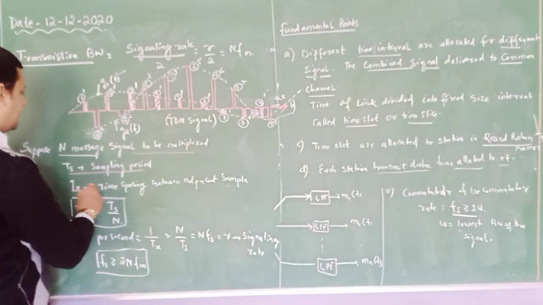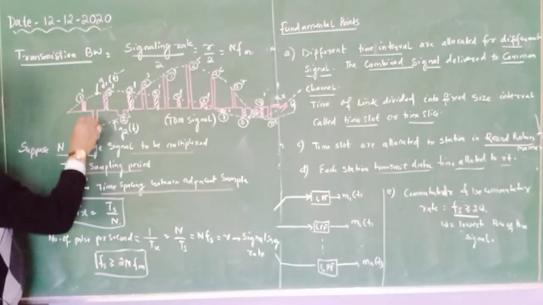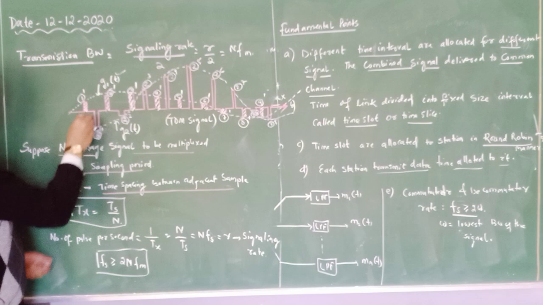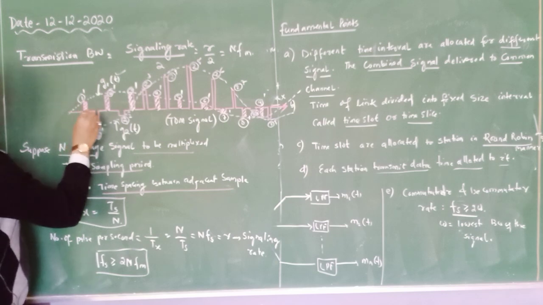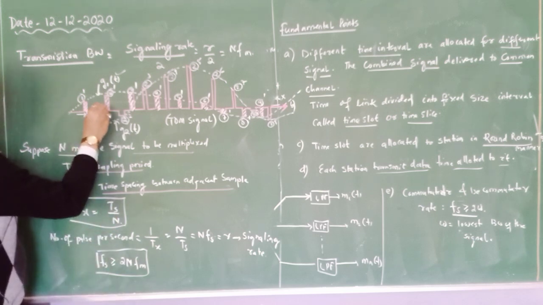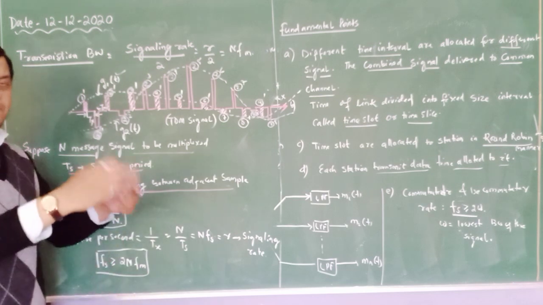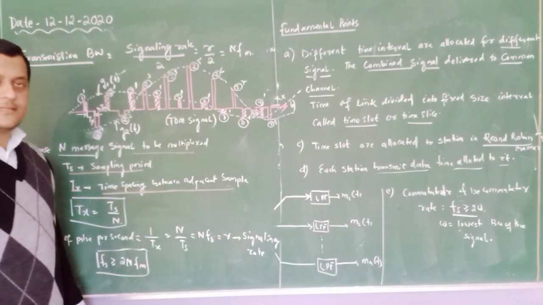Tx is called the time spacing between adjacent samples. So here you can see this point to this particular point is Tx. This particular point to this particular point is Tx. That is the equi-spacing between adjacent samples.